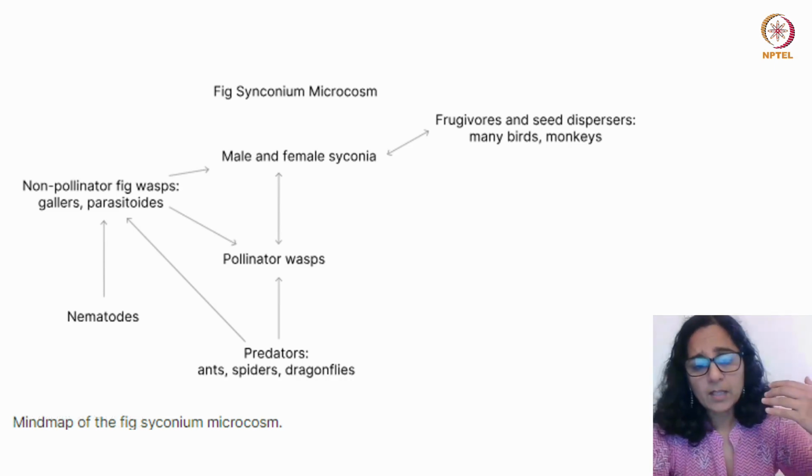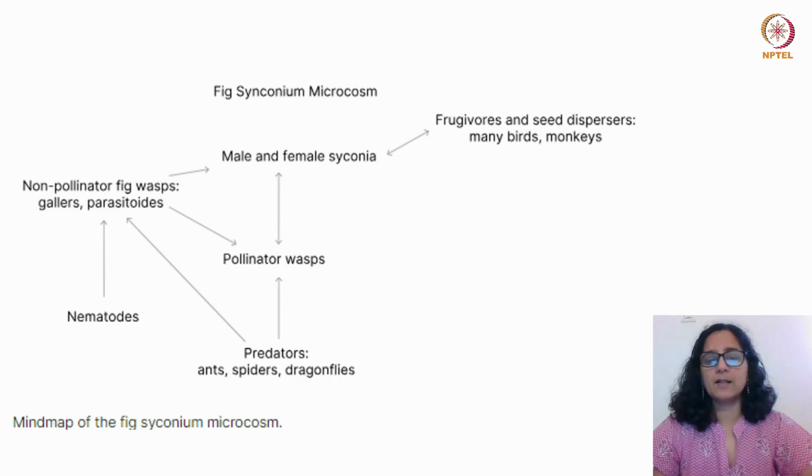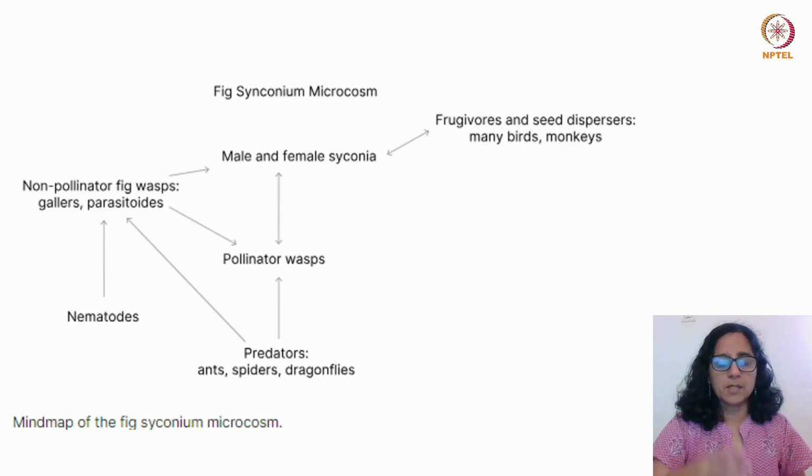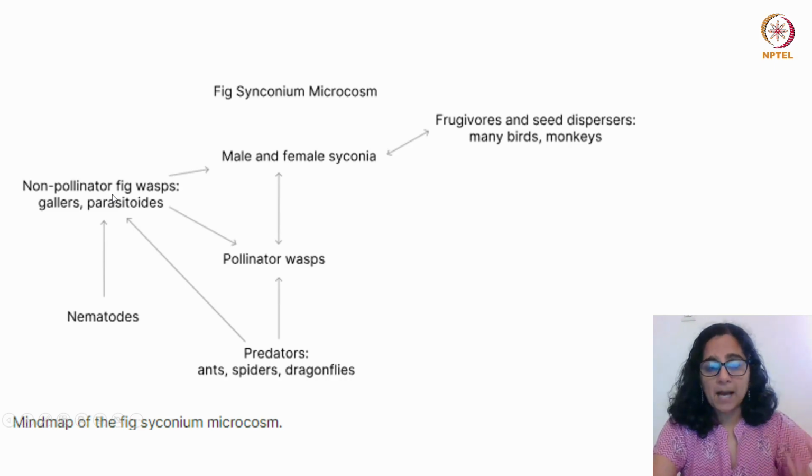There are predators like ants, spiders, dragonflies, which are waiting to grab these pollinator wasps and feed on them. And there are non-pollinator fig wasps such as gallers and parasitoids. We talked about parasitoids earlier, which also depend on these pollinator wasps, and they're inside the syconium. Right? And there are nematodes.